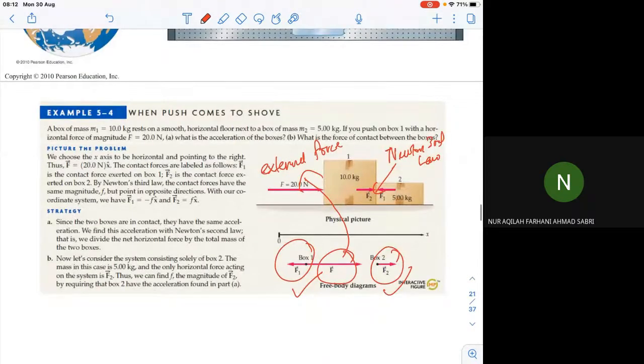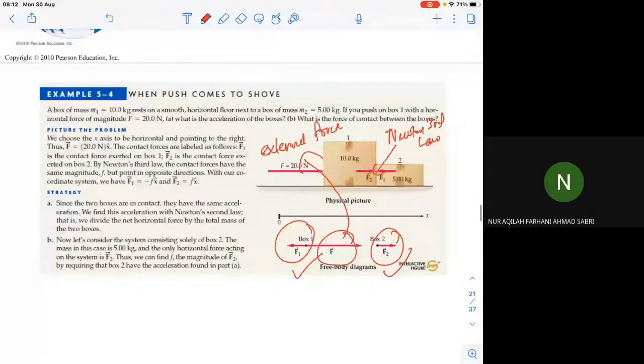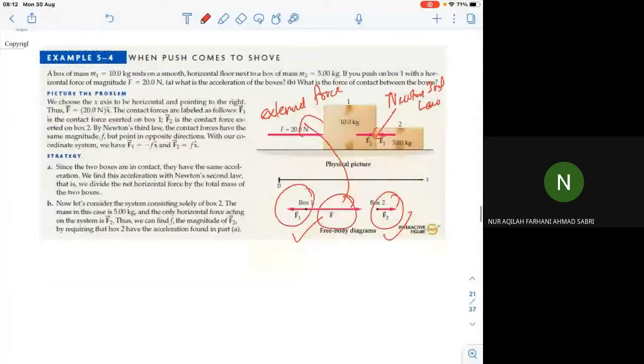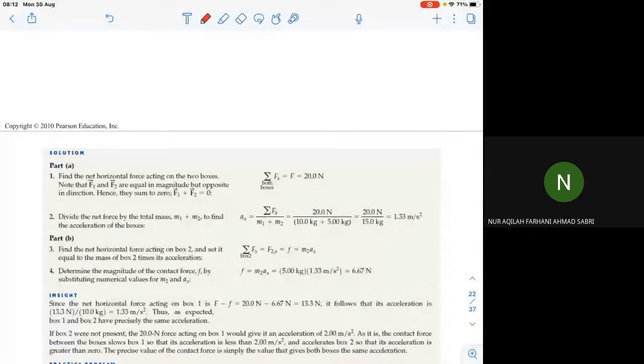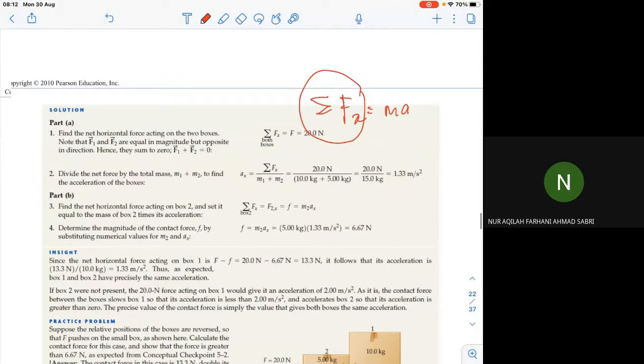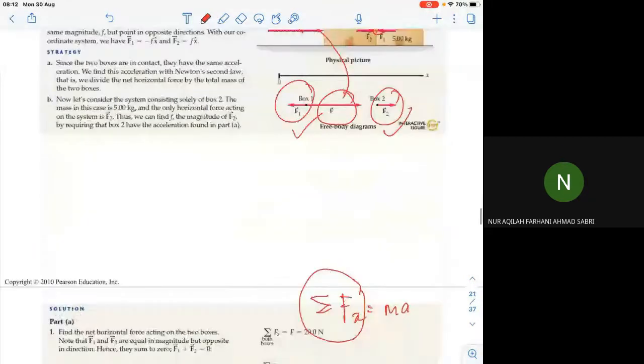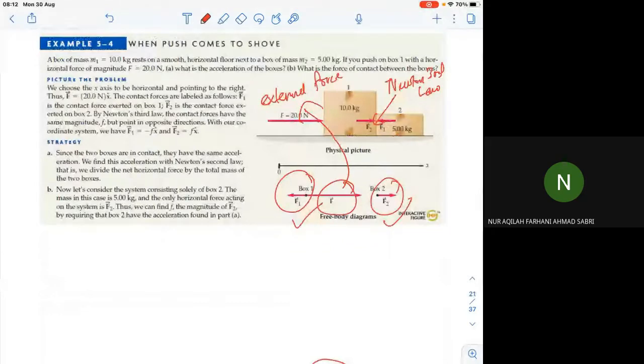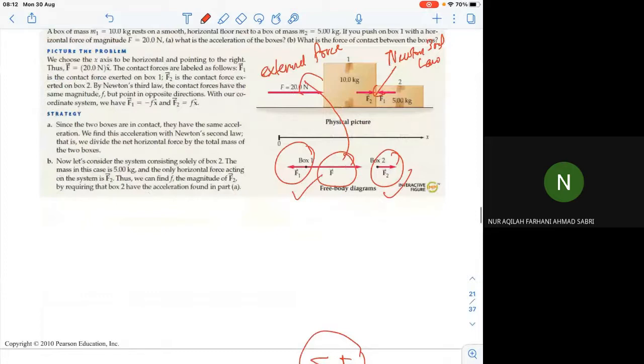And number one, they want to find the acceleration of the boxes. So our job is to find the summation of Fx equals ma, which means the forces along the x-axis equal ma. That is what we mean by F equals ma. In F equals ma, there are a lot of forces involved: the external force, F1 and F2.